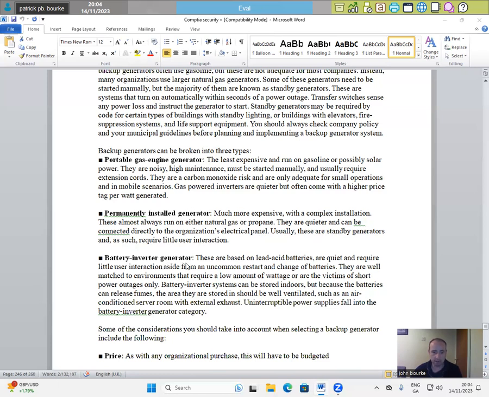Battery inverter generator: these are based on lead acid batteries, are quiet, and require little user interaction aside from an uncommon restart and change of batteries. They are well matched to environments that require a low amount of wattage or are the victims of short power outages only.